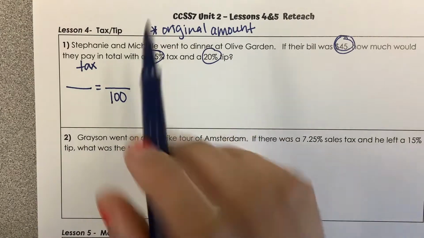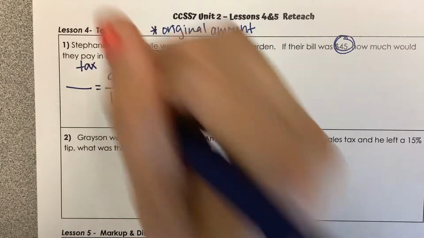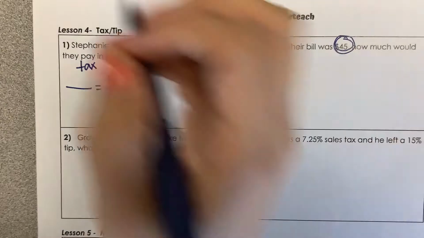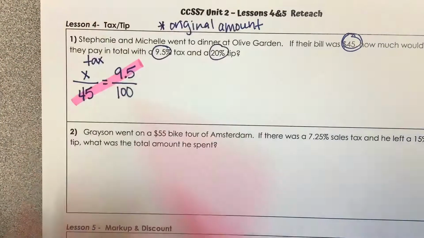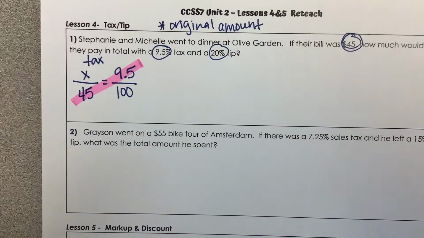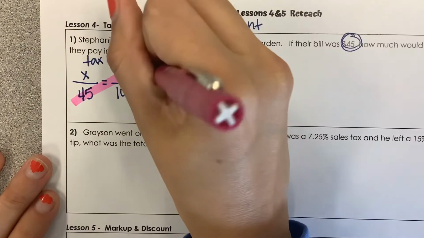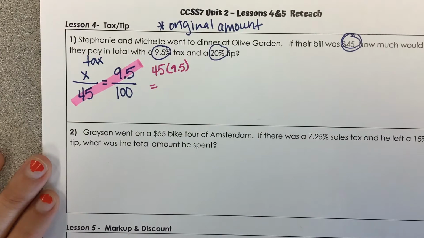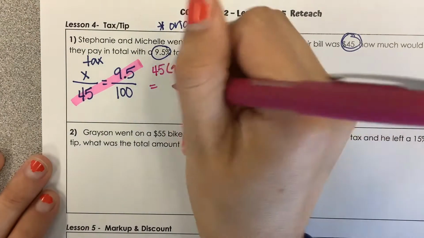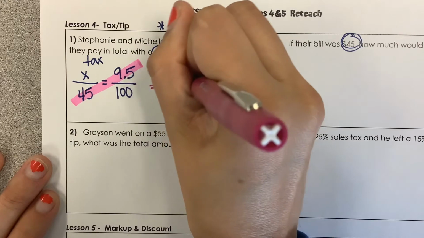We know the percentage of the tax is 9.5. And the total bill, our whole, on the bottom left is 45. We are solving for what the tax would be. So, looking at my diagonals, I am multiplying 45 and 9.5, and we get 427.5.